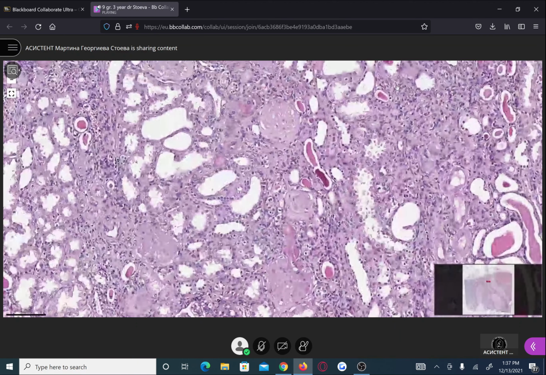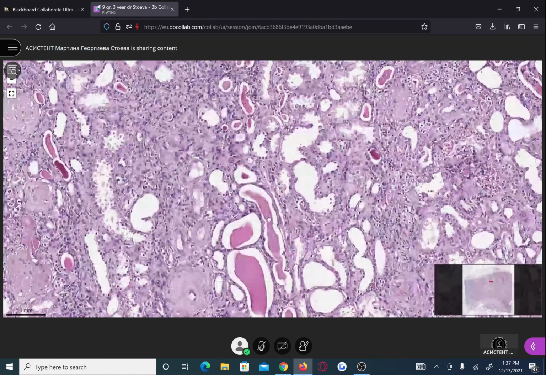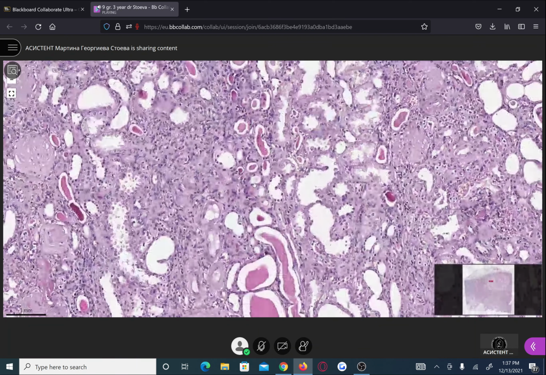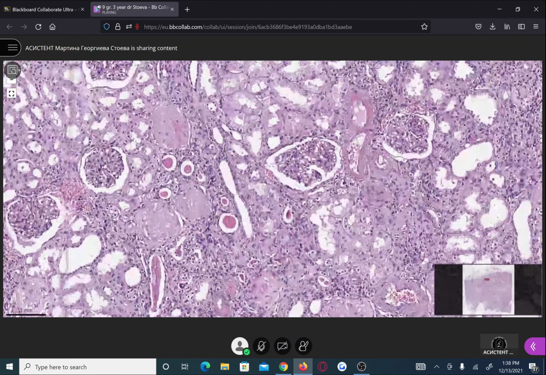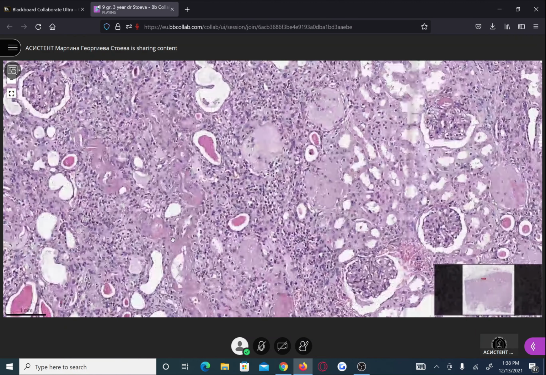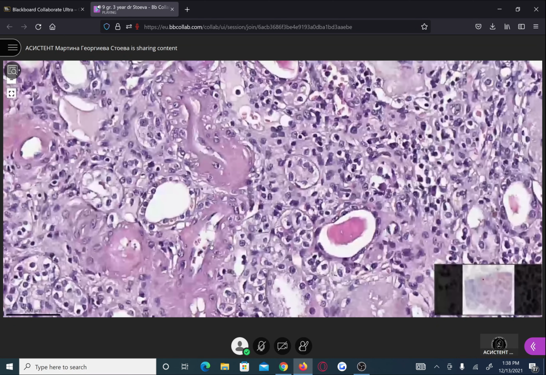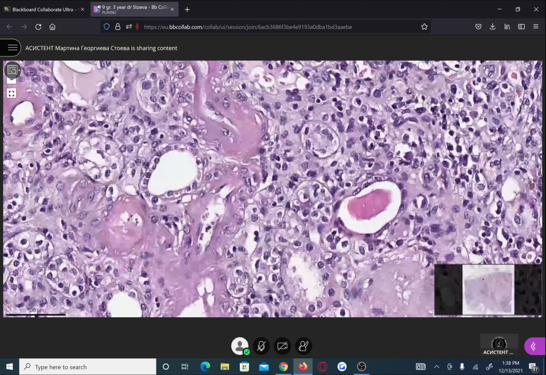Just don't show that these are the hyalinized blood vessels, because they are not. You should see a lumen with a hyalinized wall, like here. We have a lumen with erythrocytes and homogeneous pinkish material in the wall. Here again, here again. There is a lumen.